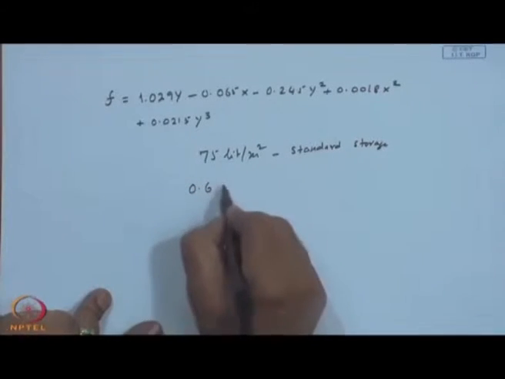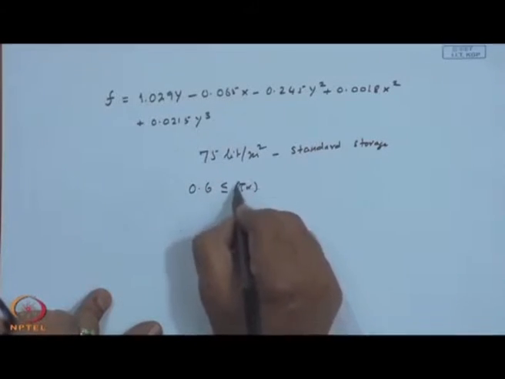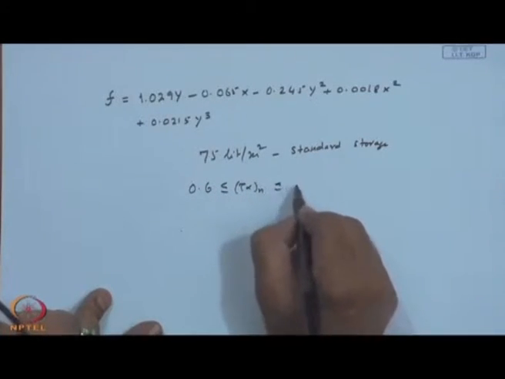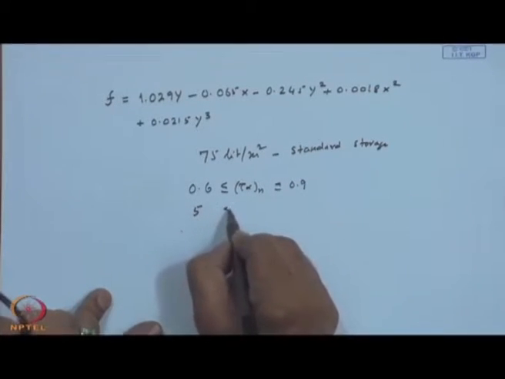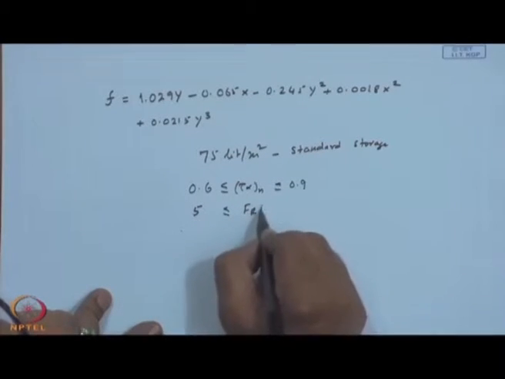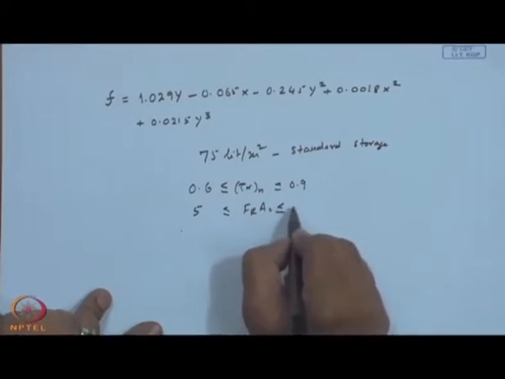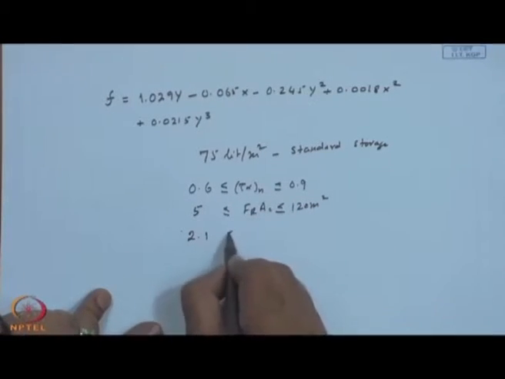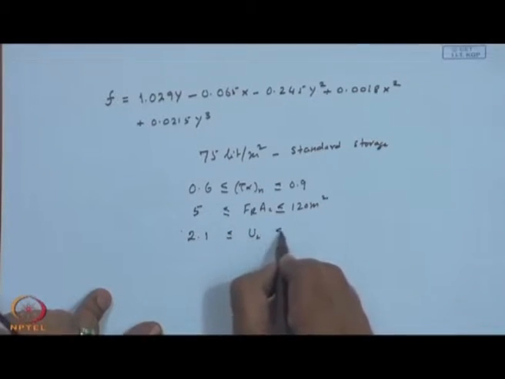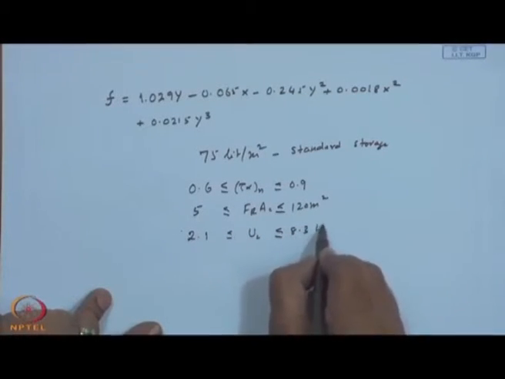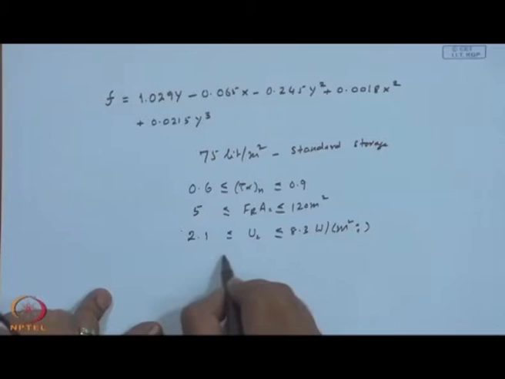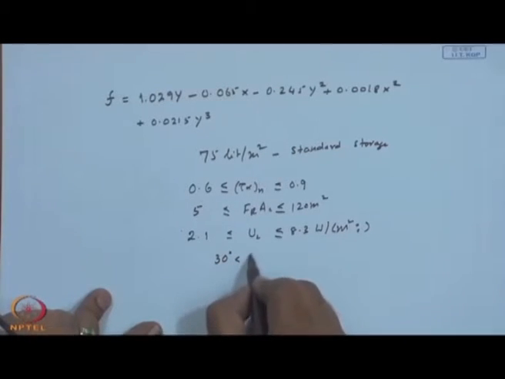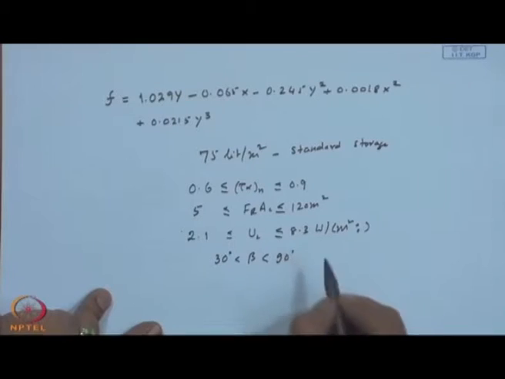However, I shall repeat: 0.6 less than or equal to the normal transmittance absorptance product less than 0.9, and this area heat removal factor product is within the limits of 5 to 120 meter square, and the overall loss coefficient is between 2.1 to 8.3 watts per meter square degree C, and beta is 30 degrees less than beta less than 90 degrees.